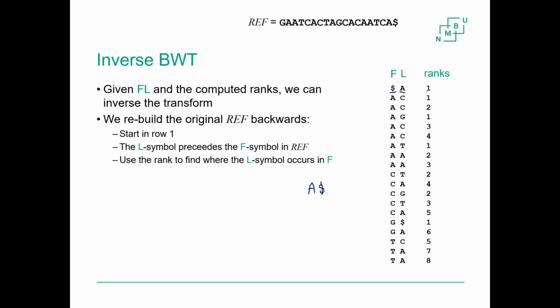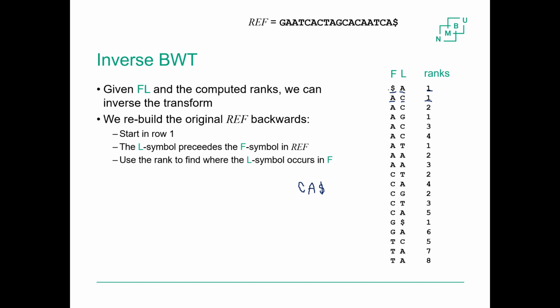Then we use the rank of this A. It's not rank 1, right? And then we go to this F column here and look up A number 1. And that's this one. And then we can see this is now preceded by a C. And this is C number 1.